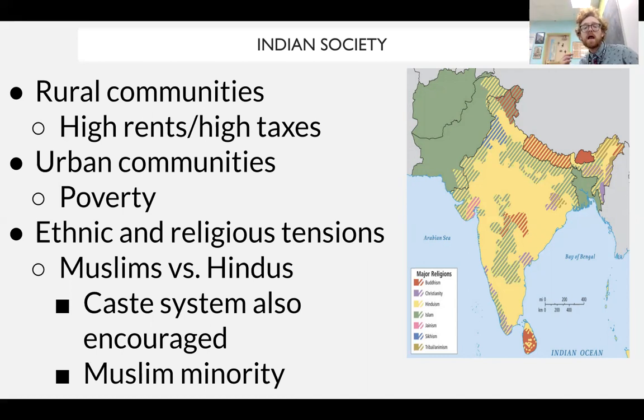But on top of that, we have tensions between ethnicities and religions in India. And that is primarily going to be the result of how the British organized colonial India. So let's just review real quick. Remember, way back in Unit 3, the Mughal Empire took over India. The Mughals, largely Muslims, existed and were around really until the British got there.